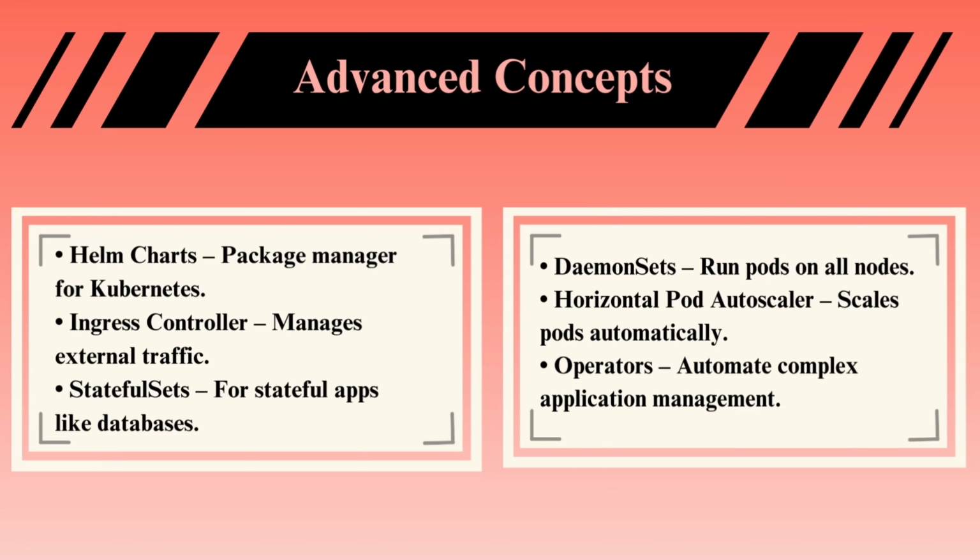DaemonSet for running a pod on all nodes. Horizontal Pod Autoscaler scales pods automatically. Kubernetes operators automate app-specific tasks. These tools make Kubernetes powerful enough to run any workload, from a tiny app to a global system.